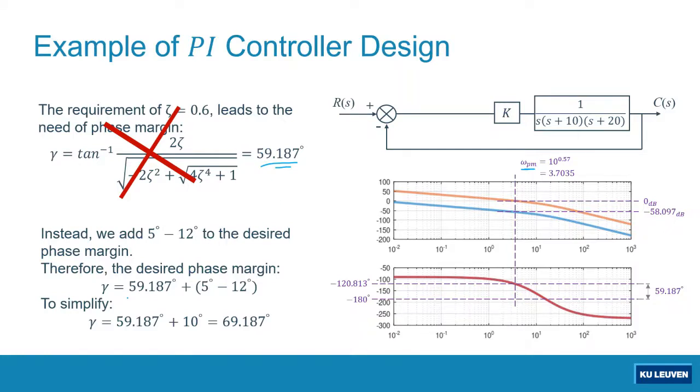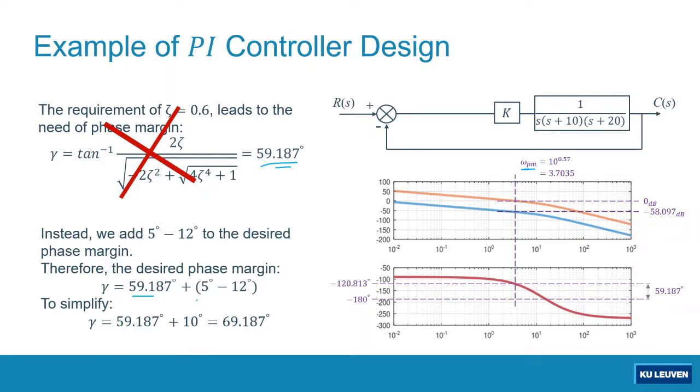I will add an angle between 5 degrees to 12 degrees to the phase margin requirement. And then this new phase margin requirement, I will use to dictate the phase margin frequency requirement.